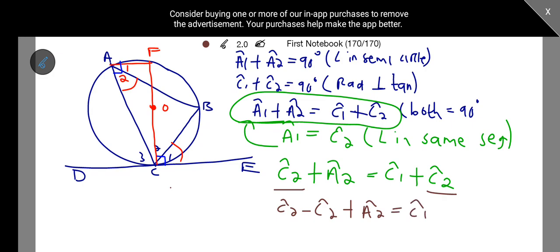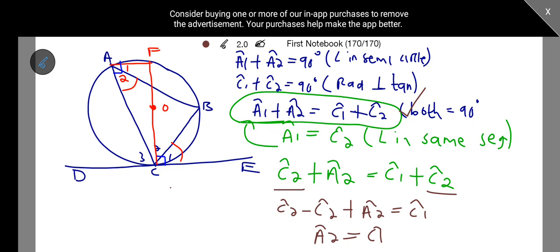So C2 minus C2 is 0, and 0 plus A2 is equal to A2. And here we've got C1. So at the end we can see we have proved what we wanted to prove. We are required to prove that angle C1 is equal to angle A2, and we proved it. So at the end we're going to say that A2 is equal to angle C1.